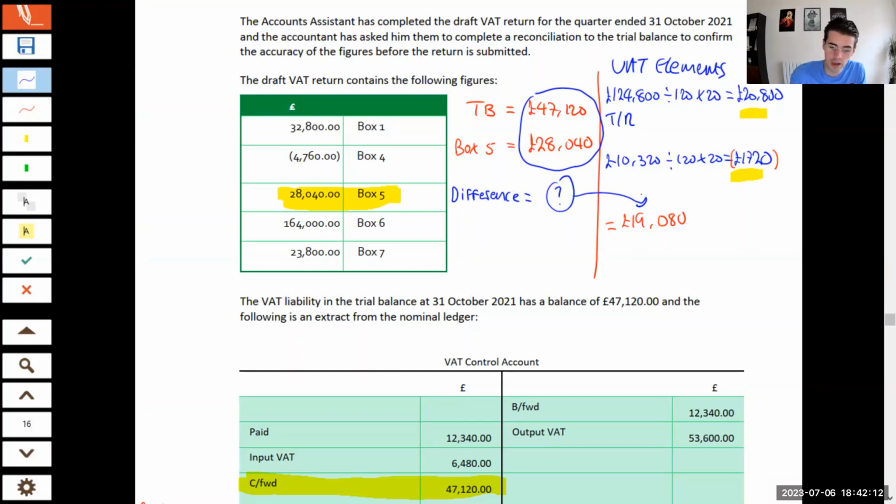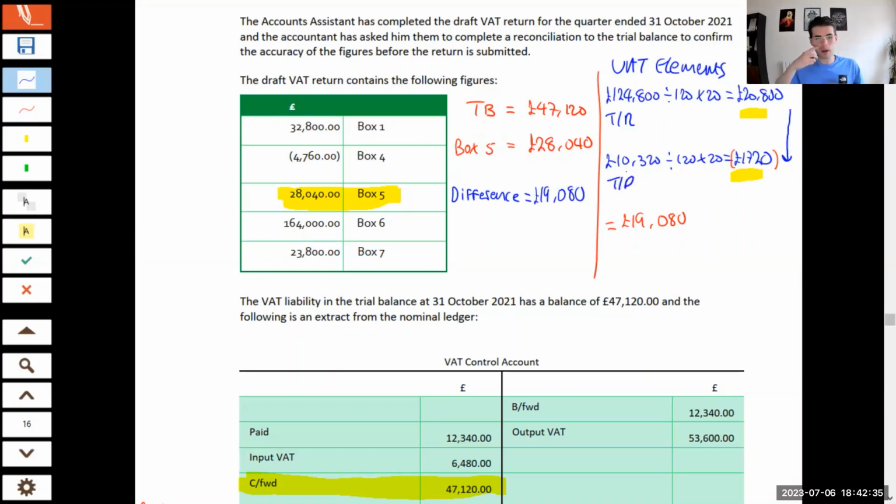And again, if you do £47,120 minus that 28,040, you will get to the difference, £19,080. Yeah, absolutely, Donna. So that 19,000 has come from my trade receivables less my trade payables, okay?